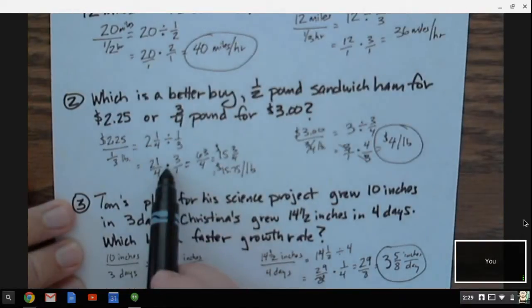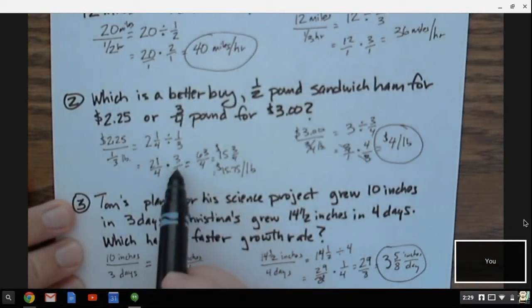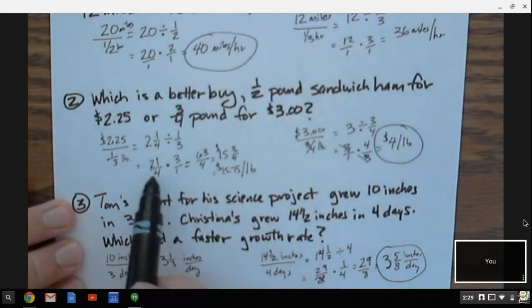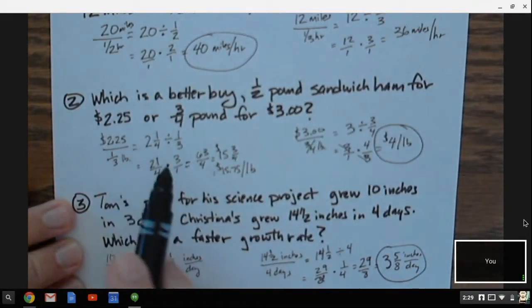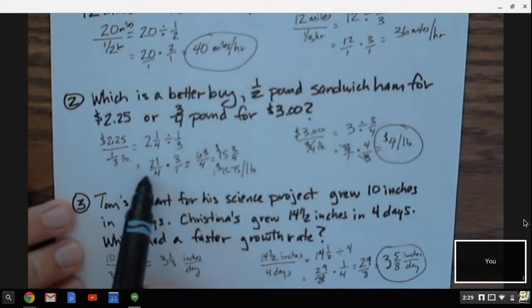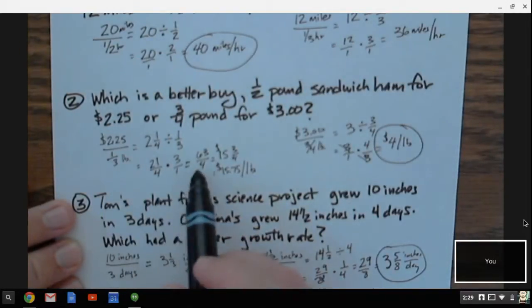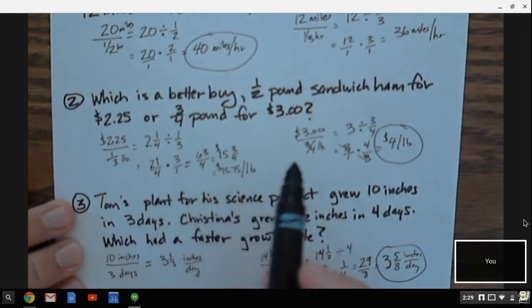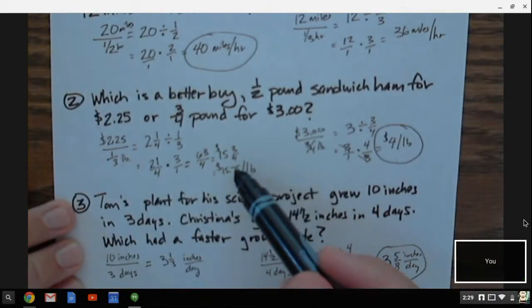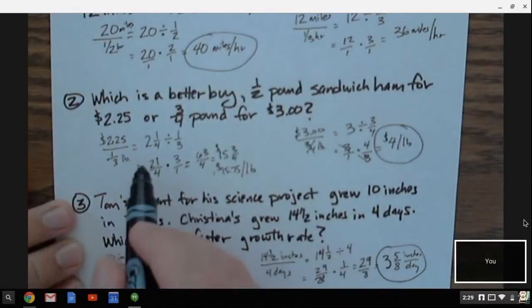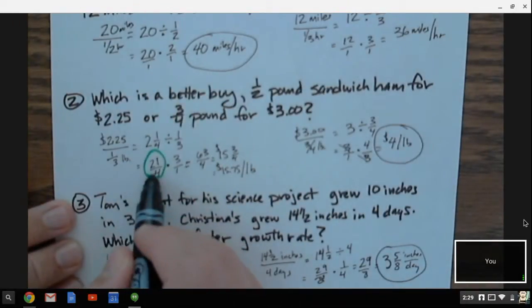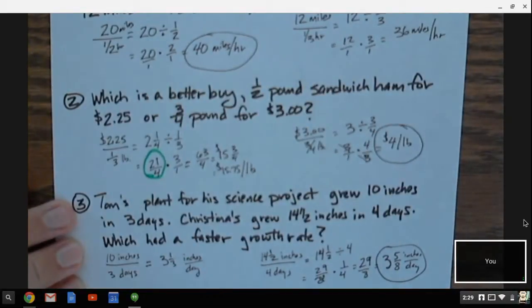Recognized the change to multiplication, flipped this fraction to get the reciprocal. However, when he went to change this mixed number to an improper fraction, he did that improperly. He just made that 21/4. And even though this multiplication is correct, and he recognized that 15 3/4 is $15.75, this piece right here, just converting to an improper fraction, is not correct. We'll come back to what we'll do with that.